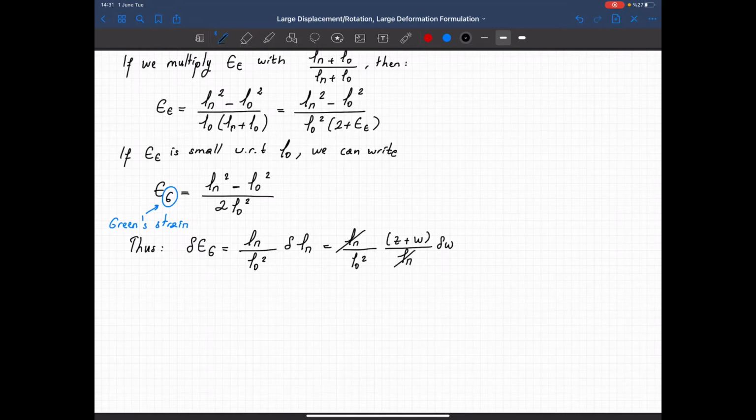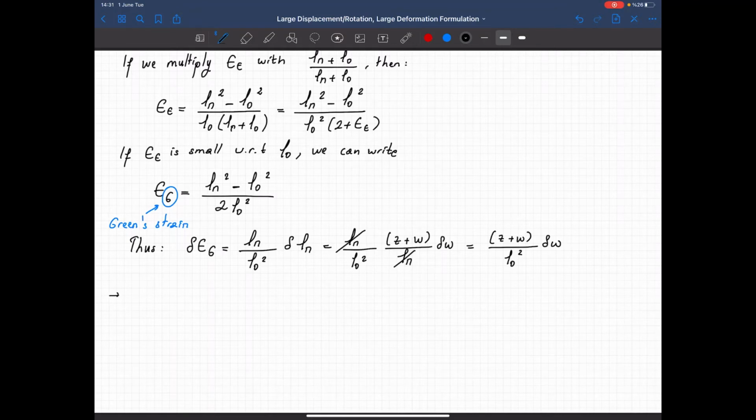So these final lengths will cancel each other, and at the end of the day the variation in the Green strain is equal to Z plus W divided by L0 squared and the variation in the displacement.